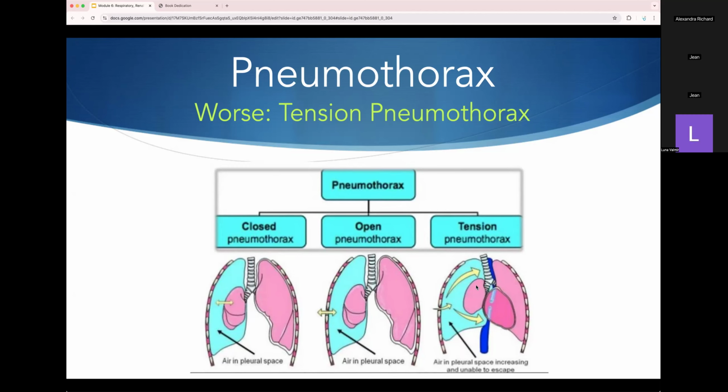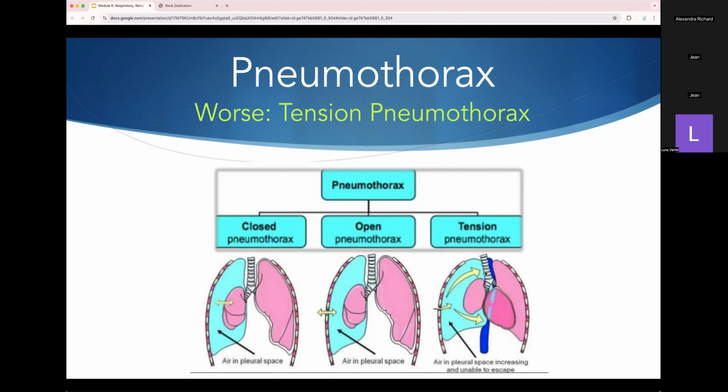Then we have a tension pneumothorax where air has entered the pleural space and then it has progressed so much that the trachea begins to deviate, right? So in the first two instances, closed pneumothorax and open, the trachea has remained midline, but in tension pneumothorax, the trachea deviates.